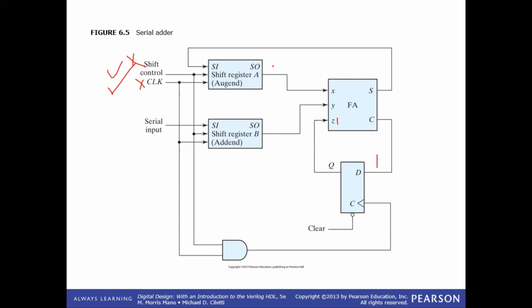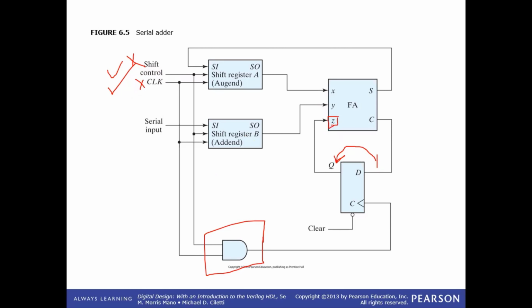This would mean that we are transferring the next bit to X and Y. And at that time, when we are adding X and Y over here, only at that time, we need to transfer this D to Q. So that's why we have implemented a gate over here for this D flip-flop, which tells us that yes, shift control is active as well as clock is active. So if you had a carry from the previous calculation, you need to move it to the Z value. Is this okay now?